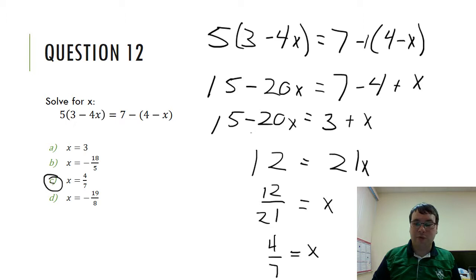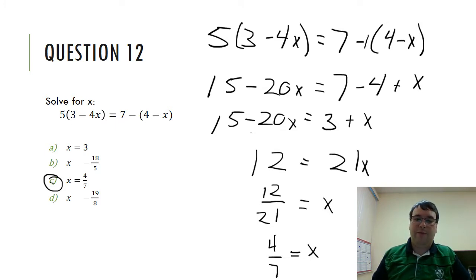All right, question number 12. We have 5 times the quantity of 3 minus 4x is equal to 7 minus the quantity of 4 minus x. So let's start off by writing our problem. And when we're looking at this problem, we're going to go ahead and distribute.